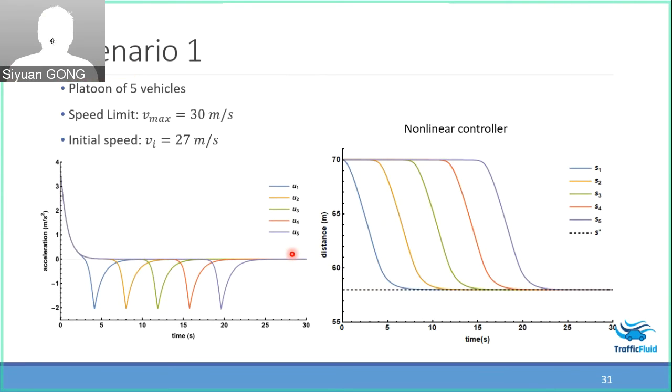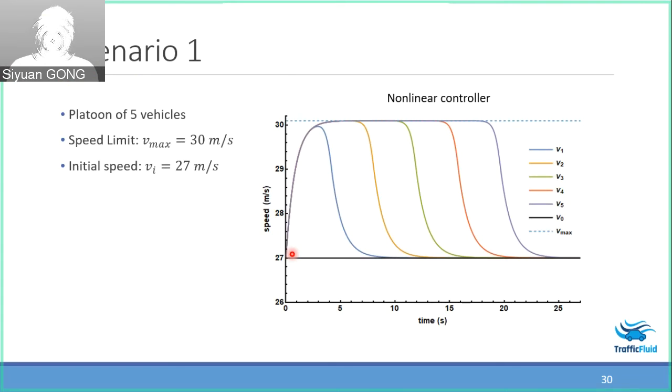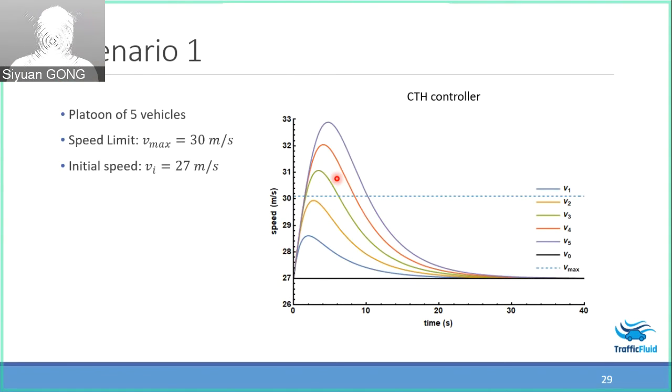So my question is, if it's string stable, right, when a disturbance happens, the amplitude of the disturbance should decrease vehicle by vehicle. But in this situation, I can see they have the same amplitude. You mean here?